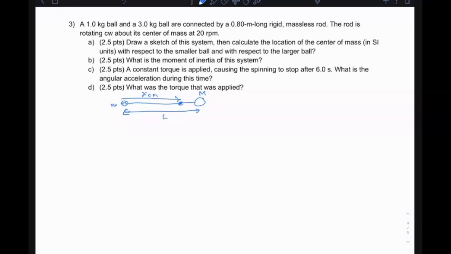Then X center of mass, and this is part A, X center of mass with respect to the little ball is equal to big M times the distance of separation, big L, over the sum of the masses in the system, big M plus little m.